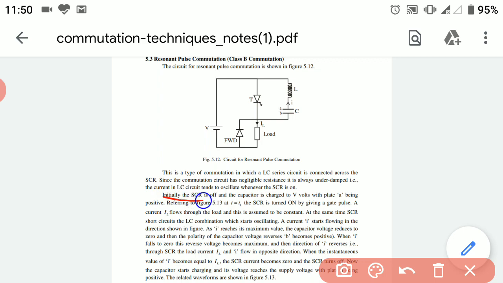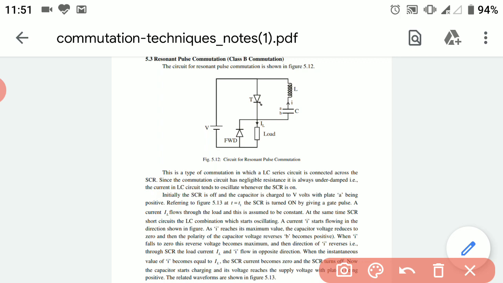Initially the SCR is off and the capacitor is charged to V volts with plate A at positive potential and B at negative potential. After that, the SCR is turned on by giving a gate pulse and it starts conducting.